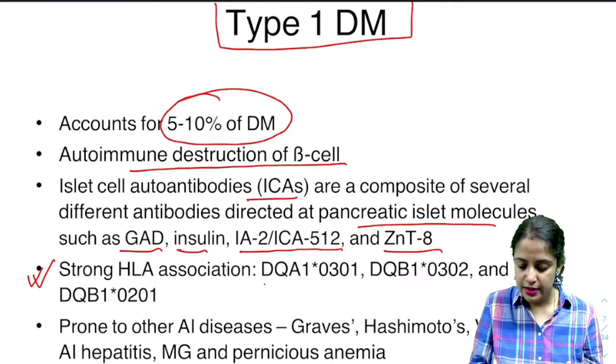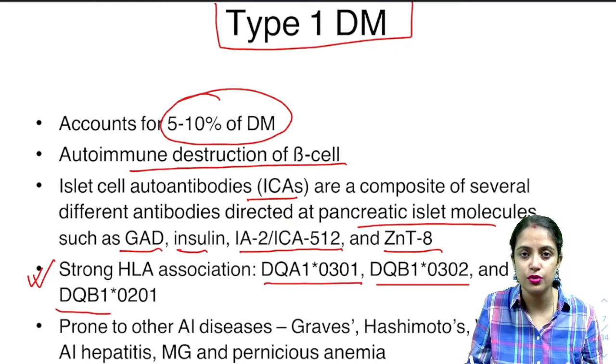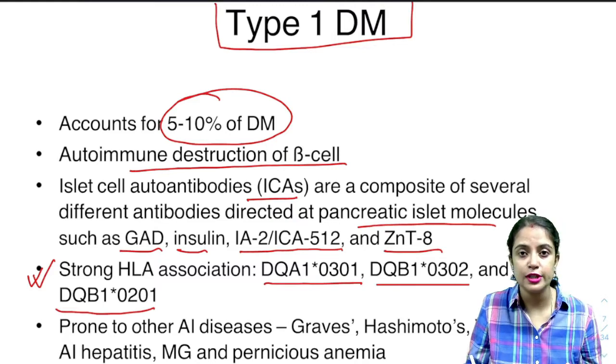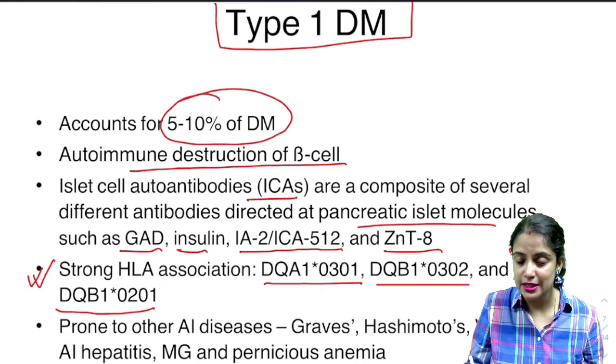These HLA types, DQA1*0301, DQB1*0302, and DQB1*0201, are very importantly associated with type 1 diabetes.